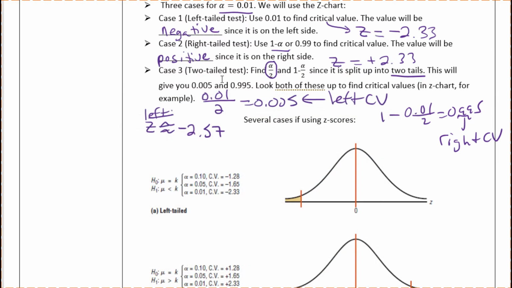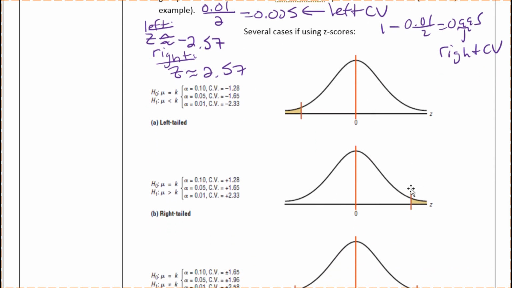So we got the positive version. On the right side, z is approximately positive 2.57. That's how we do it for a two-tailed test.